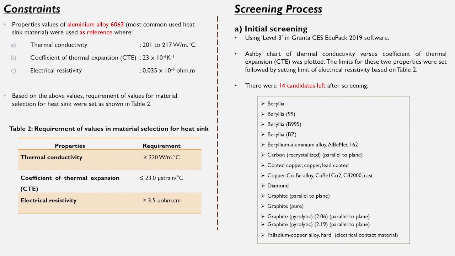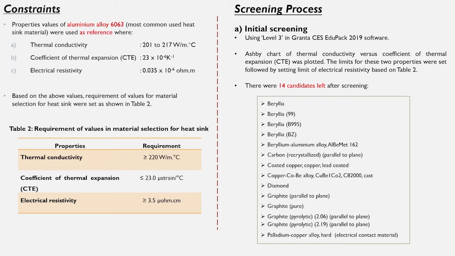Thermal conductivity of aluminum alloy 6063 ranges from 201 to 217 watt per meter per degree Celsius, whereas its CTE and electrical resistivity are 23 times 10 to the power of negative 6 per Kelvin and 0.035 times 10 to the power of negative 6 ohm meter respectively.